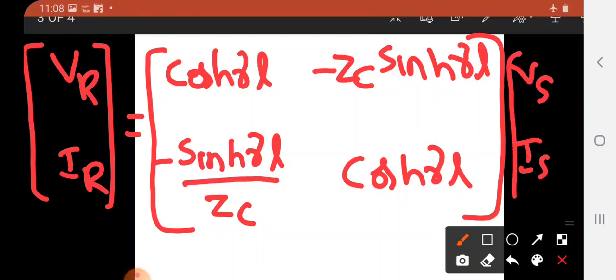Therefore, what you can observe, once we know Vs and Is, then we can easily find out Vr and IR. Or if Vr and IR is given, then we can find the values of Vs and Is. So anything we can do.